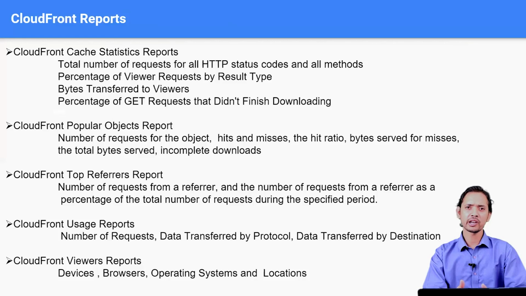It can also report the number of bytes transferred and the share of data transfer based on protocol and destination. It can also give you good reports on the geography of users, the devices being used by users, and the browsers and operating systems of the users, which could be a good data point for you to enhance your user experience.